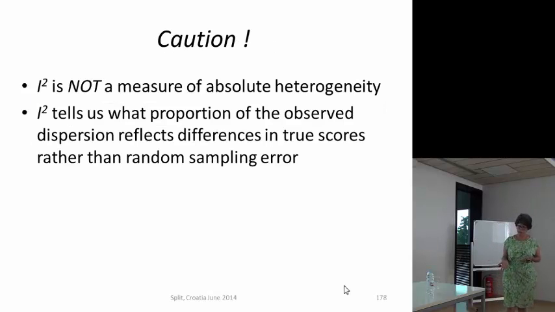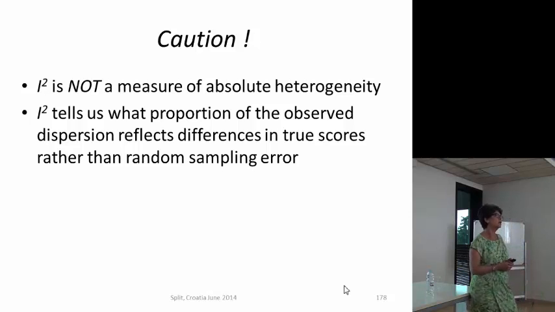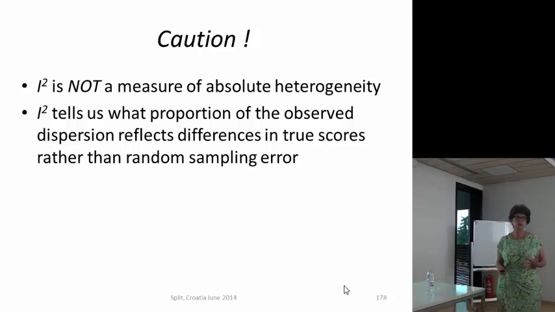I want to just remind you again that I-square is not an absolute measure, the same way as when we were talking about relative risks versus risk differences. I-square is a relative measure. So you can have the same actual amount of true between study variation, but when you look at it as a proportion of total variation, it could look very different depending on the context.